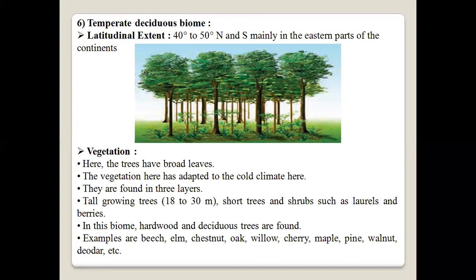They are found in 3 layers: tall growing trees of 18 to 30 meters, shorter trees, and shrubs such as laurels and berries. In these biomes, hardwood and deciduous trees are found. Examples are beech, alder, chestnut, oak, cherry, walnut, pine, deodar, etc.